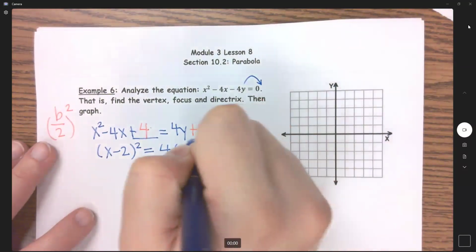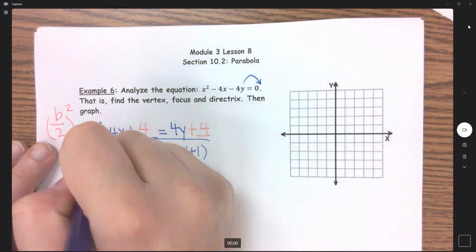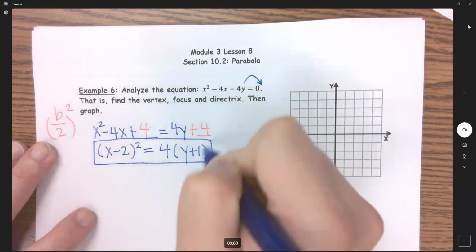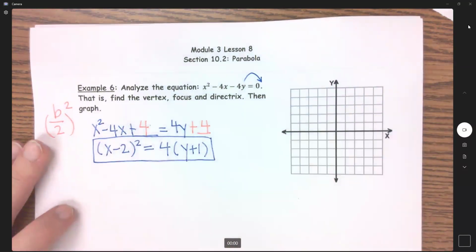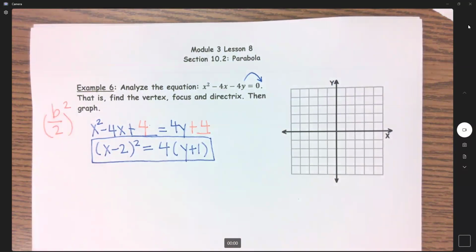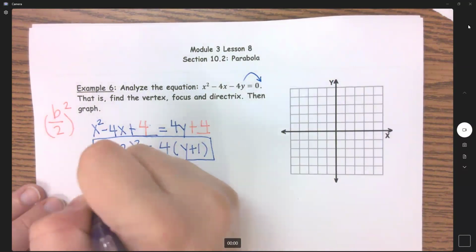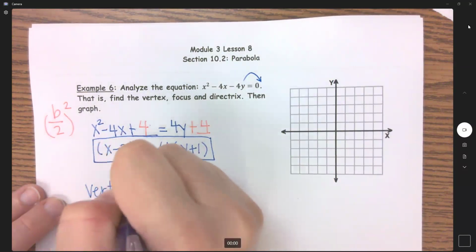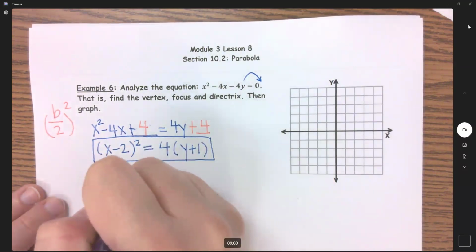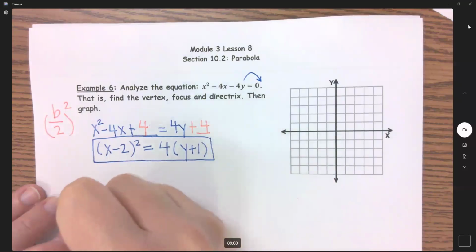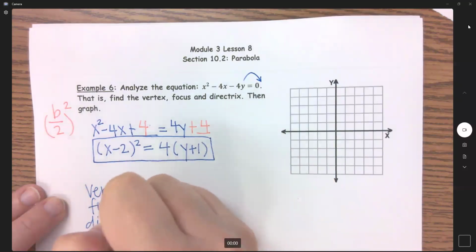So now this is my equation that I will use to find these 3 things. So we need vertex, focus, and directrix.